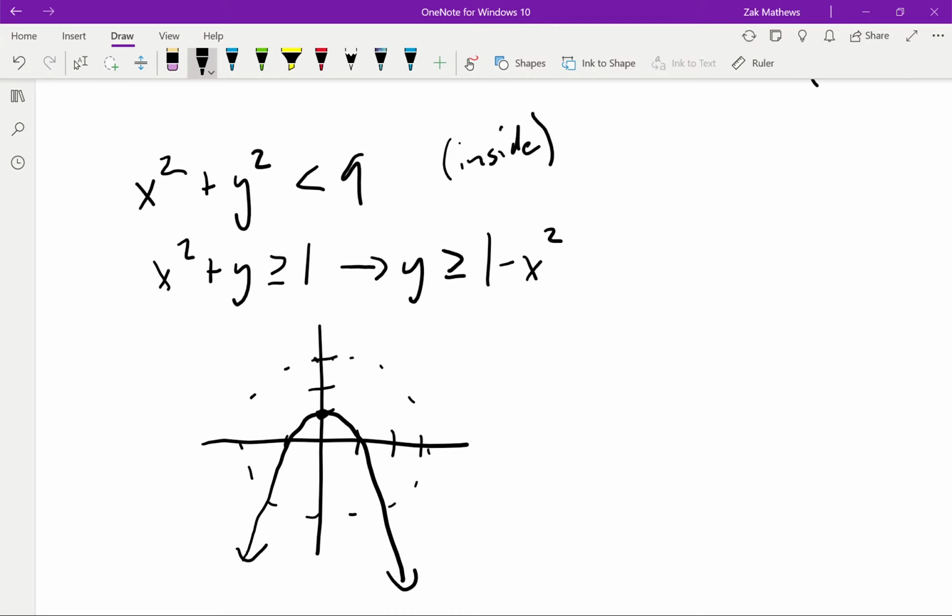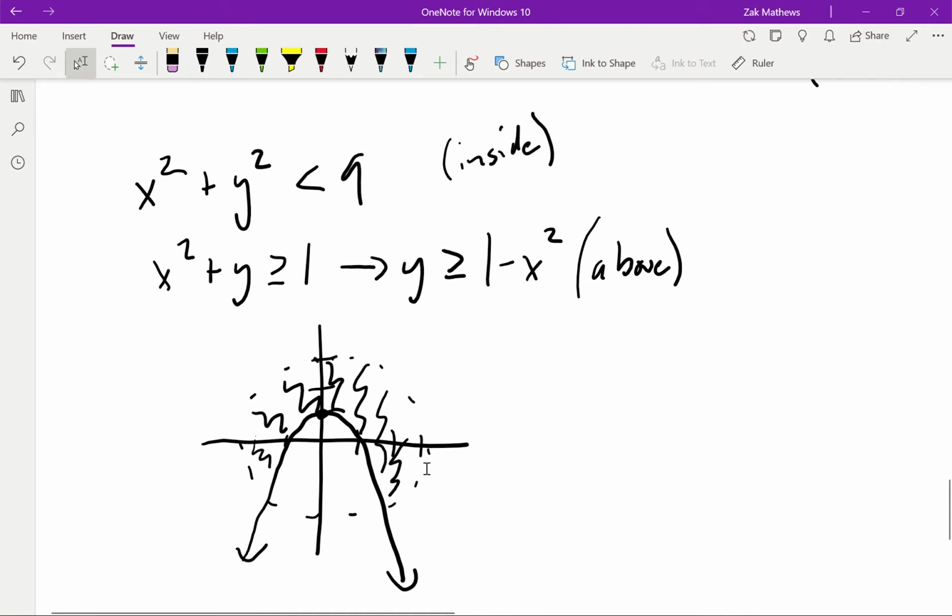We want our y values to be greater than this parabola, so we want to shade above. If we take those two ideas together, inside the circle, yet above the parabola, we would be looking at this space right here, a little crescent in a way. Not perfectly, because it's following this parabolic shape, but still a portion of the circle.